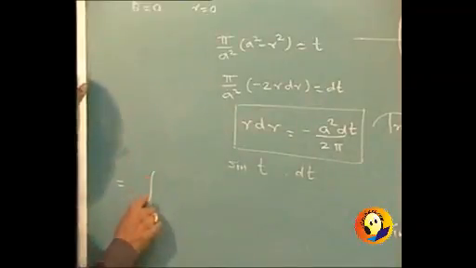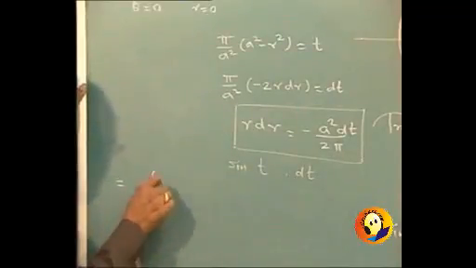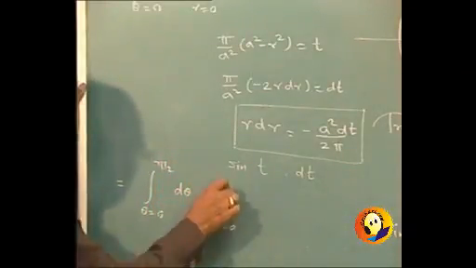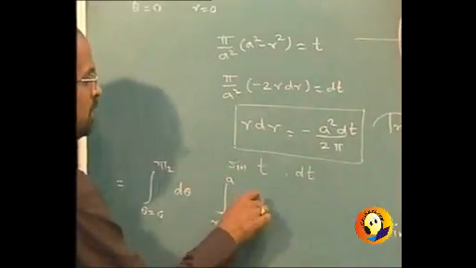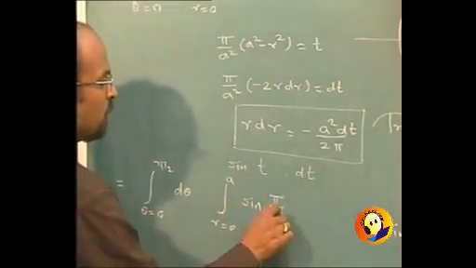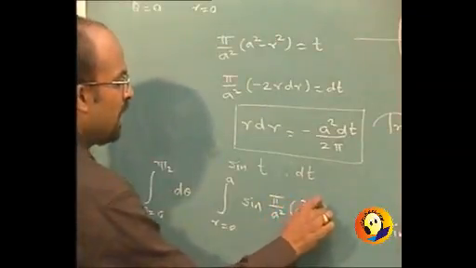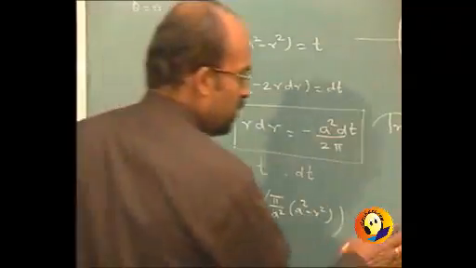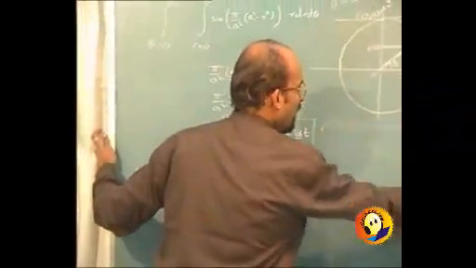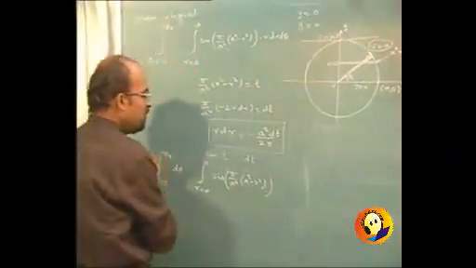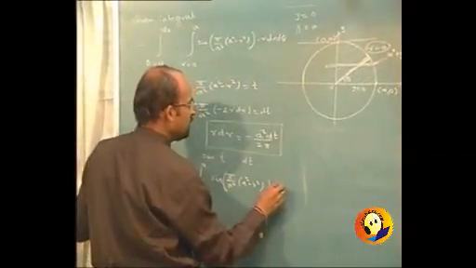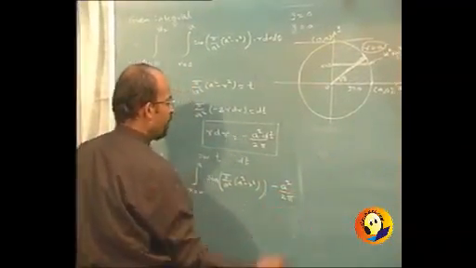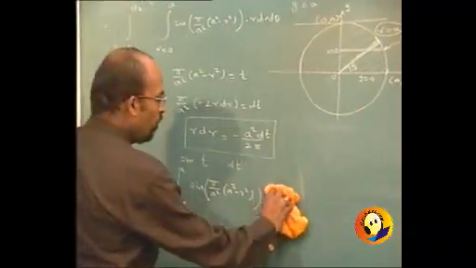Again, limits are constant, so I can separate out integral theta from 0 to pi by 2 d theta, integral r equal to 0 to a, sine of pi upon a square into bracket a square minus r square. I will have to adjust the differential of this particular bracket, which we have already calculated, and that differential, when I write it, will be minus a square upon 2 pi, or a square upon 2 pi can be adjusted.